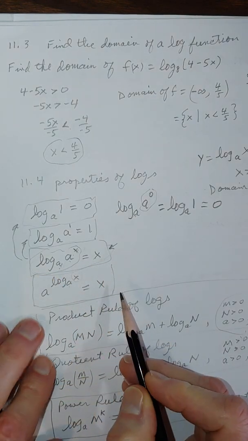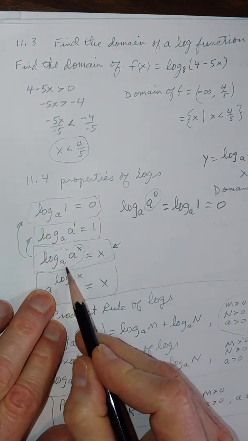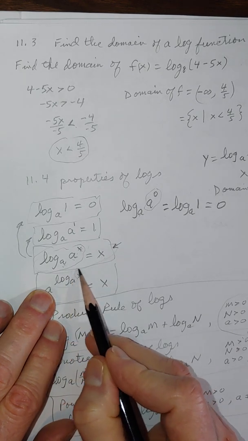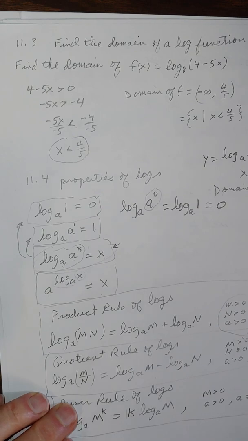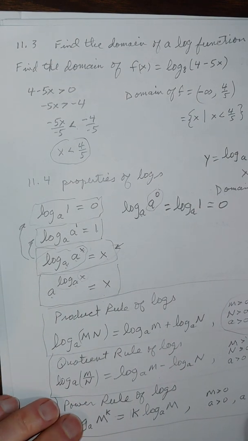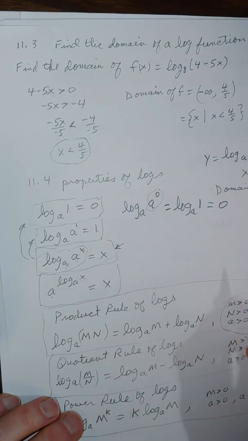So that's the answer. This one, look, this is the exponent you put on a to get x. If you put it on a, you get x. I went over and over that in the last video. And there are examples in 11.4 showing this.